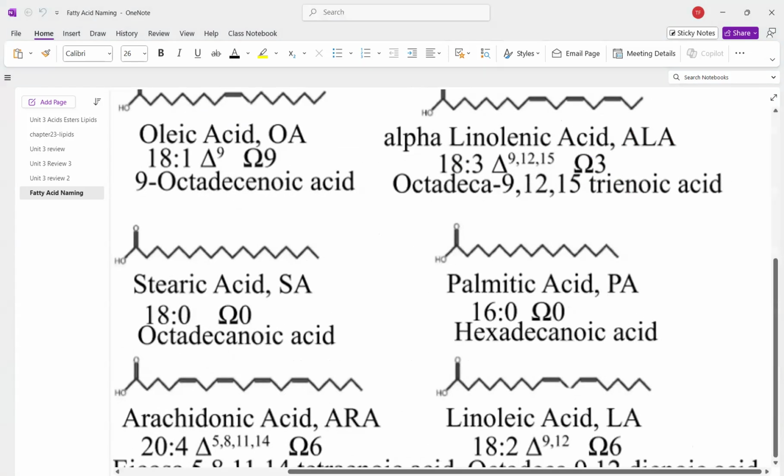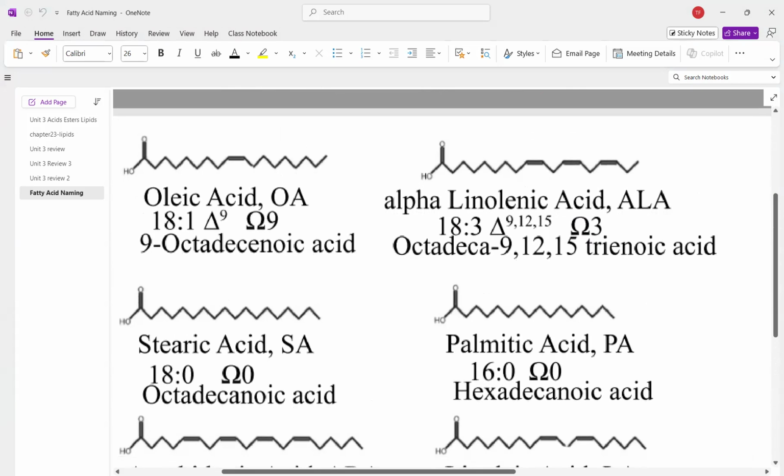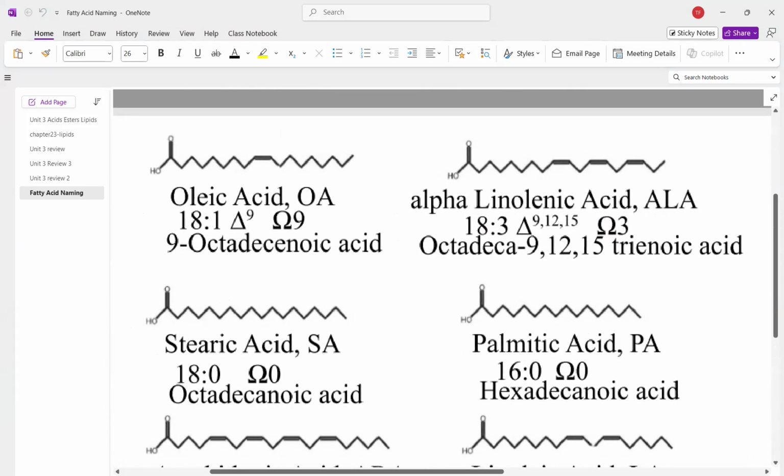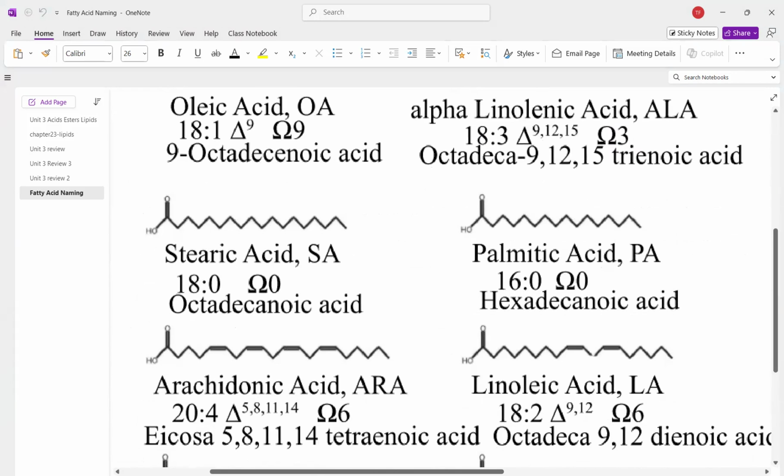Let's talk about the saturated ones first. The one that you get in beef, pork, and lamb that's particularly unhealthy is called stearic acid.